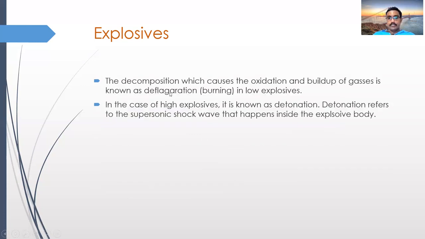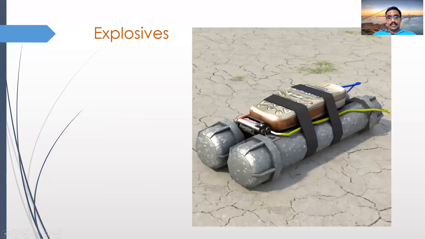So this decomposition, which causes the oxidation and buildup of gases, is called deflagration in low explosives, whereas in high explosives it's called detonation. Detonation denotes the supersonic shock wave that happens inside the explosive container when it starts to decompose or catch fire.